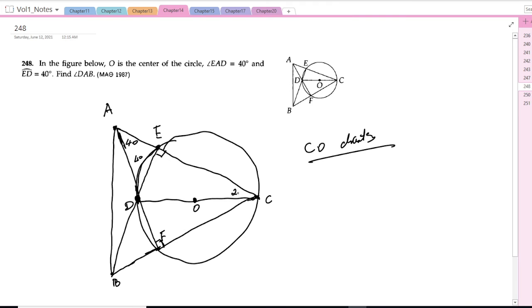That means this angle is 20 degrees. So if this is 40, we know this angle is 50 degrees. Then if this angle is 50 degrees, this is 70 degrees, right? Now what we want, DAB, is x. So DAB is x, okay?